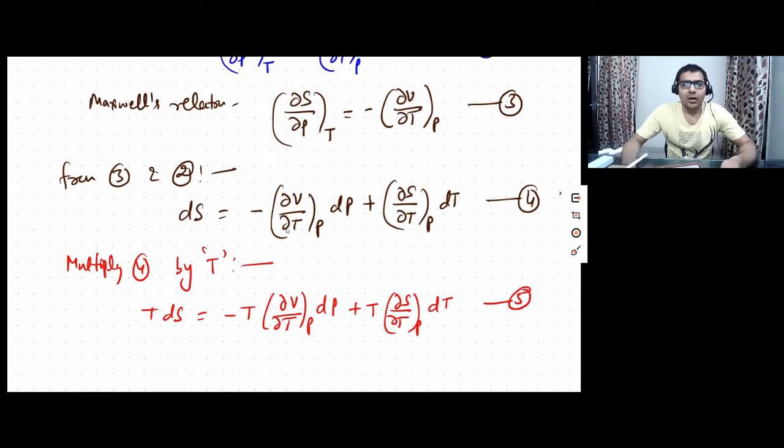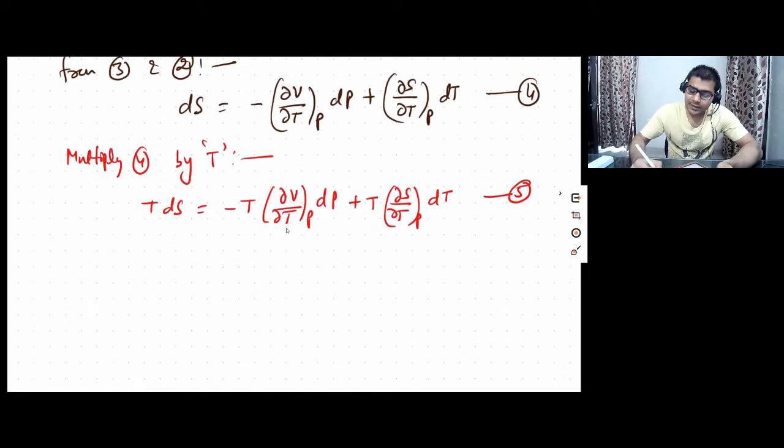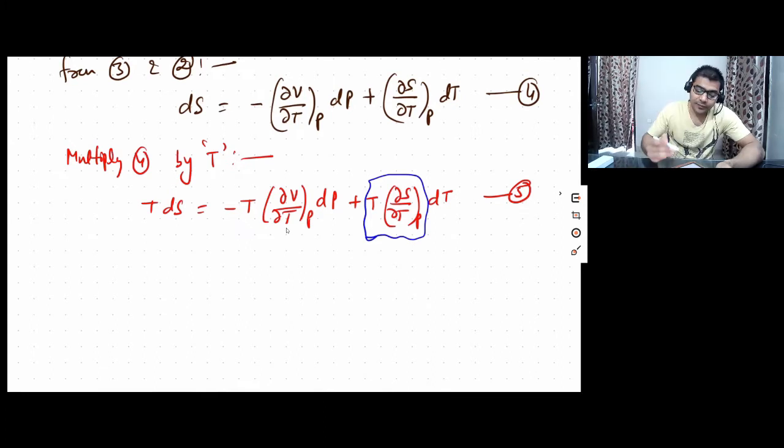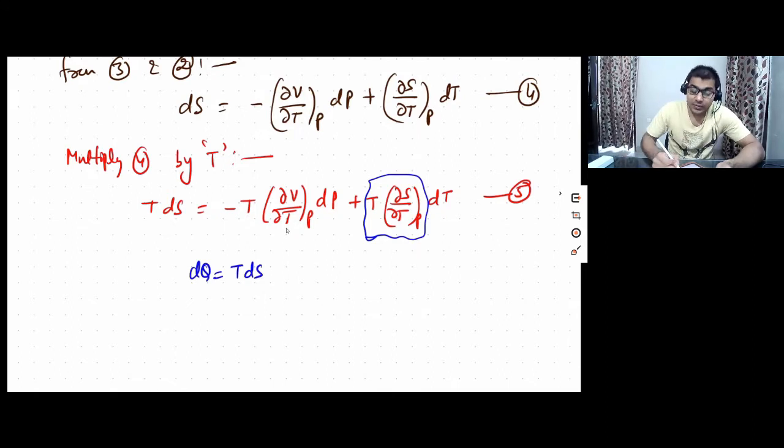All right. Now I can see that this term here is nothing but related to the heat capacity at constant pressure. From the second law of thermodynamics, we know that dQ is TdS, and dQ is also equal to, if I represent the mass of my pure substance in moles, mu times Cp dT.